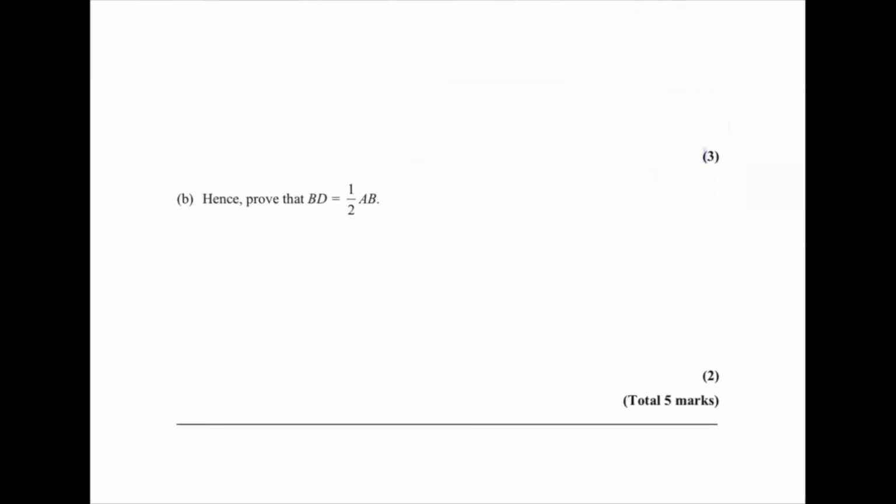I've got to prove that BD is half AB. So let's draw this out. That's my BD, and that is half the base. But I've got to prove it. Now, because of the way that we approached the original part A of the question, we have already shown that BD is equal to BC because they are congruent.